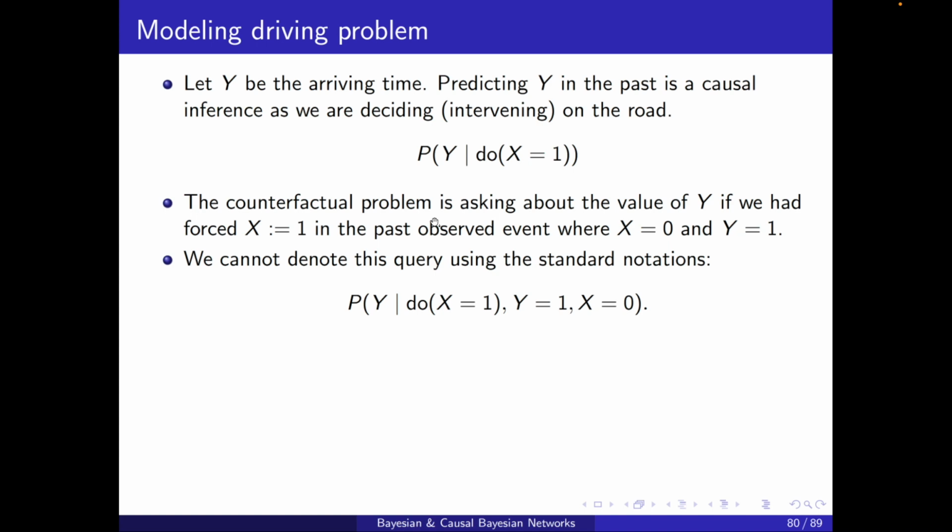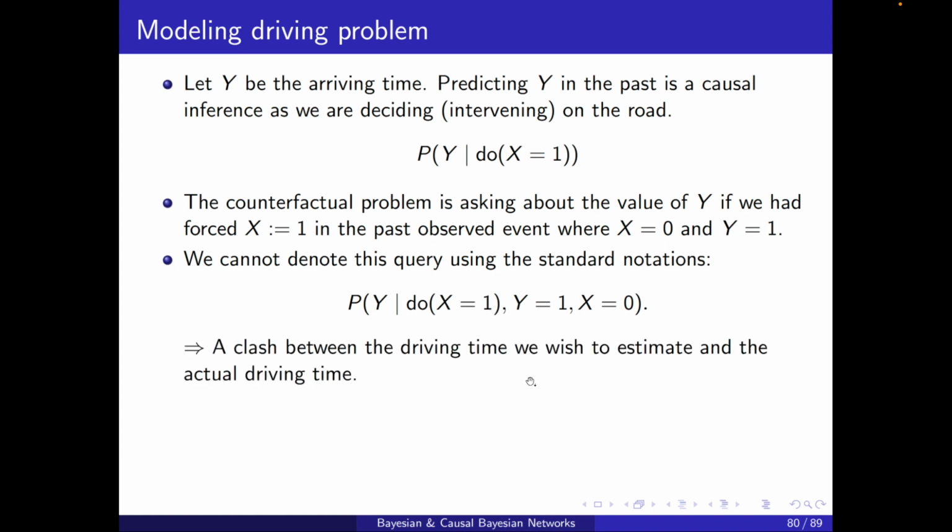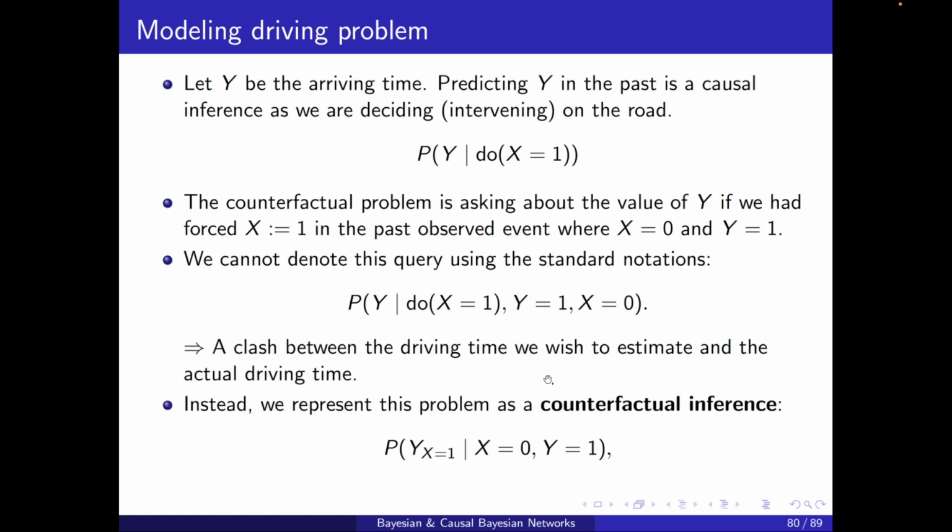We cannot denote this query using the standard notations. We cannot just say P of Y conditioned on do of X equal to 1 and Y equal to 1 and X equal to 0. You see there's a clash. So we need a different way to write this, and this is the notation. There are other notations as well. This is one.